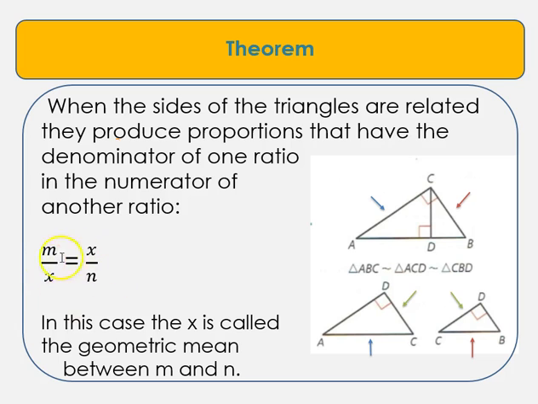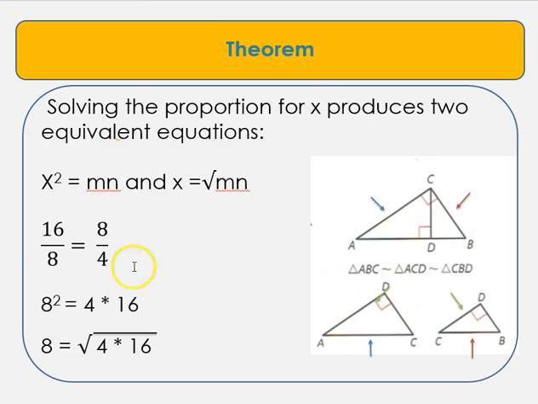And in this case, in this set of proportions, X will be the geometric mean between M and N. Solving the proportion for X produces two equivalent equations. X squared will equal MN, and X equals the square root of MN. So this is just the process of solving algebraically.